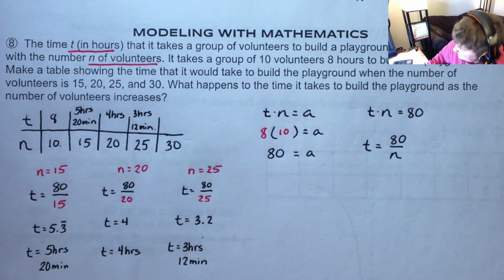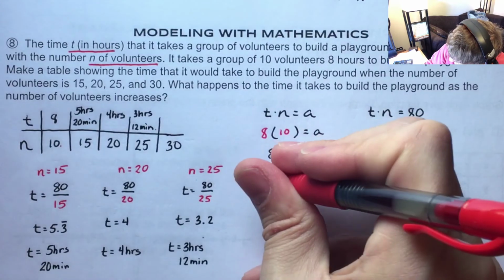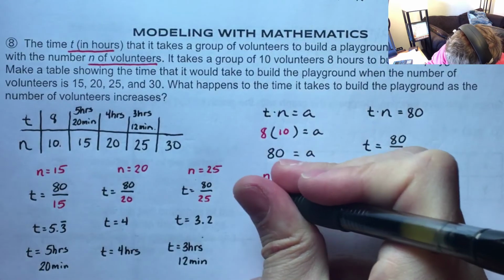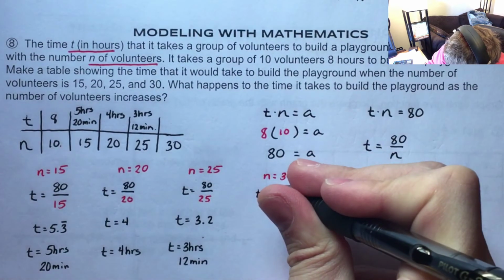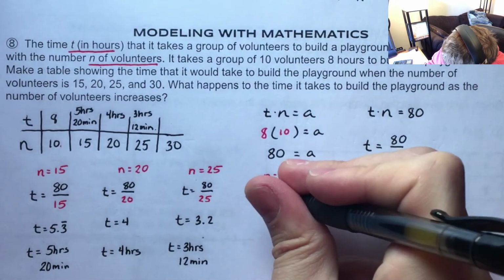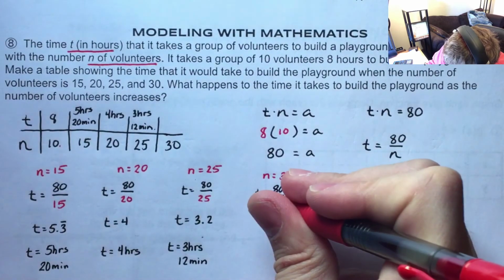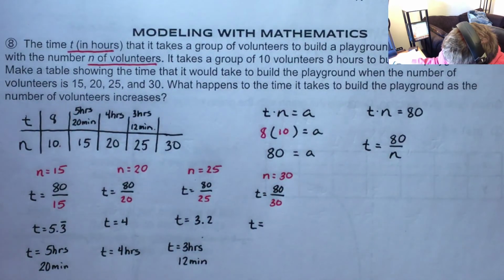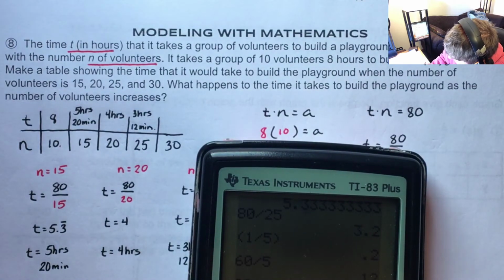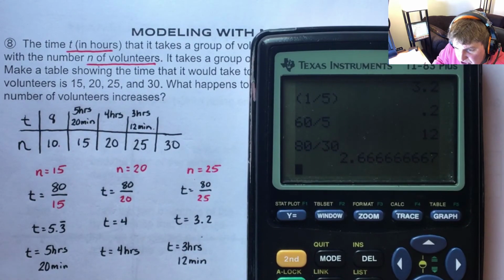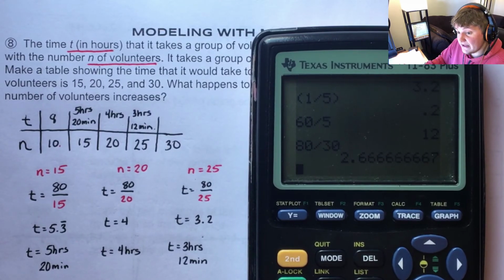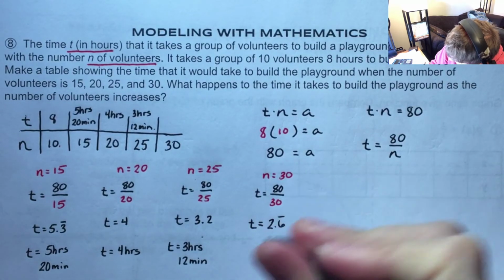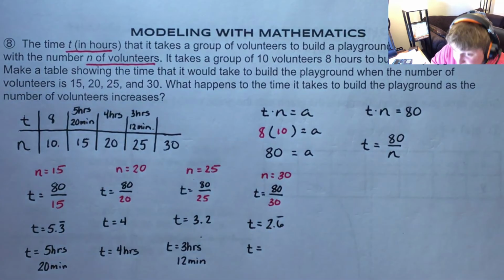Last but not least, 30 volunteers, sorry. When we take the 80 and divide it by the number of volunteers, which is 30, time is equal to 80 divided by 30, which is 2.6 repeated. 0.6 repeated is 2/3.